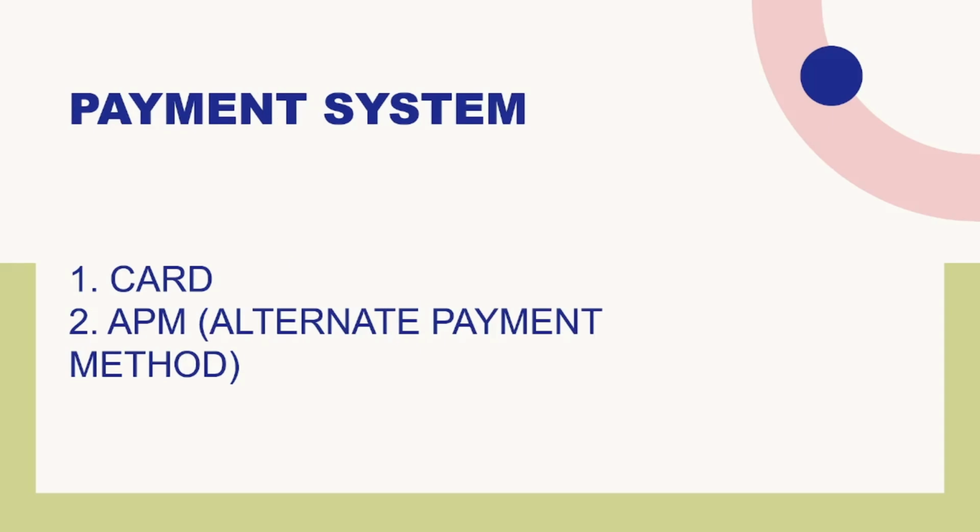Let's discuss payment systems. There are only two types of payment systems. One is card, and the second is APM, whose full form is alternate payment method. In the actual world, only third parties can do payment-related work.